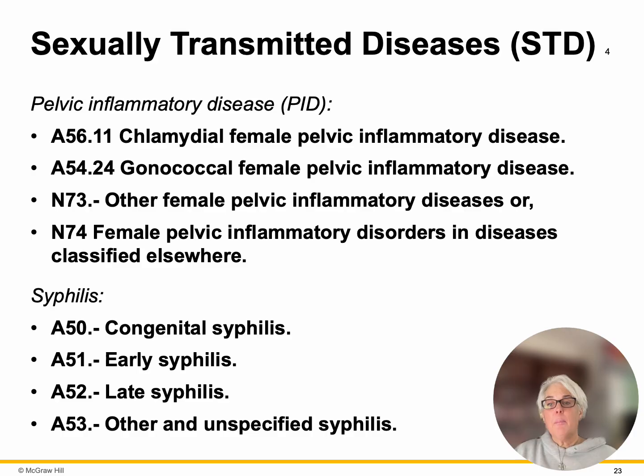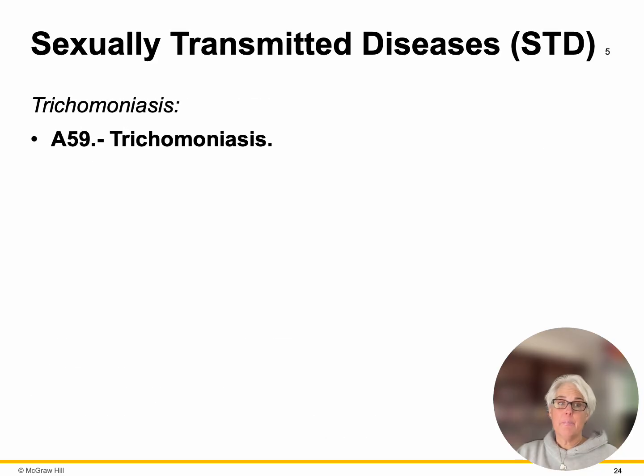Again, stage and type and the documentation matter because they directly impact the code. We try to steer away from that unspecified code. We want to get specific if we can. We want to assign a specific code, and of course it is based on that documentation by the provider.